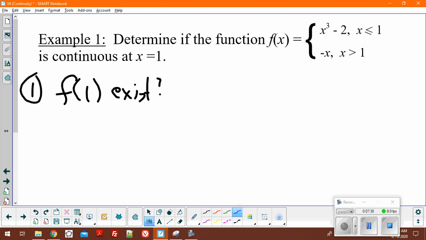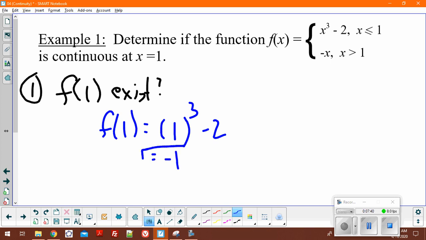So to evaluate f of 1, I know f of 1 equals 1 cubed minus 2, and that is equal to -1. So yes, it exists. My function exists here.